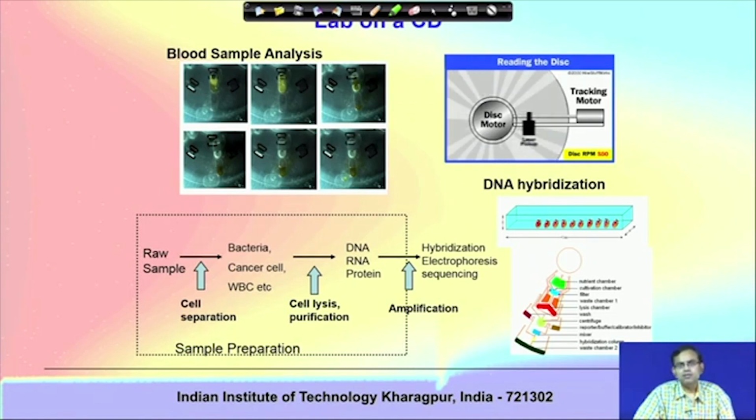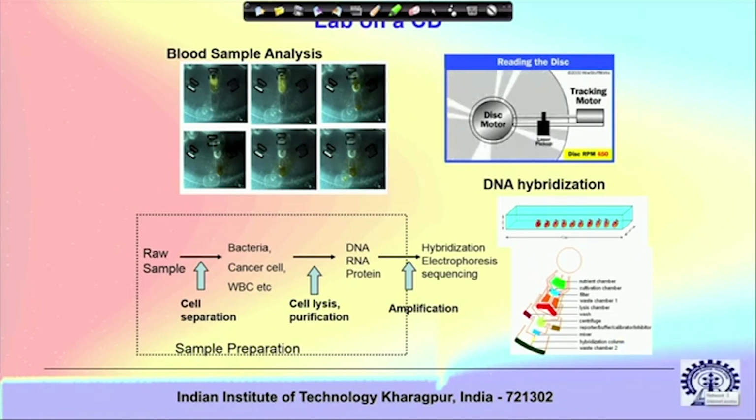So, the advantage of the CD therefore is that you can do a large number of tests simultaneously by actuating a single rotation, and the rotation can be actuated by a very simple motor.